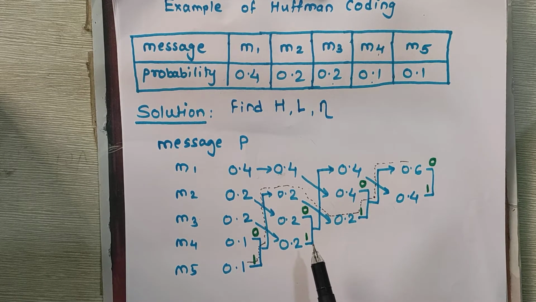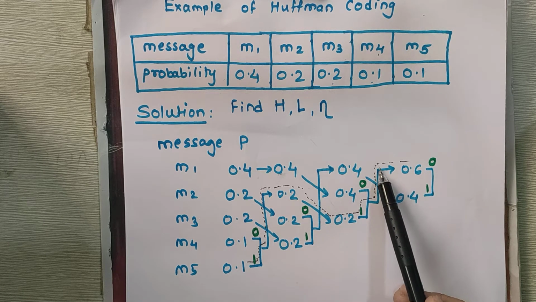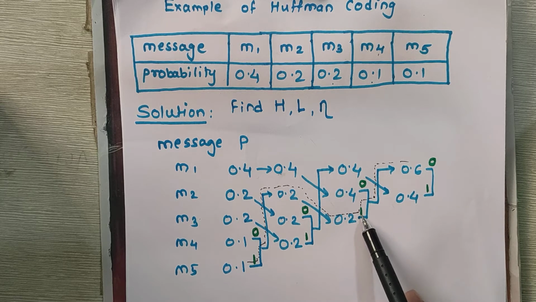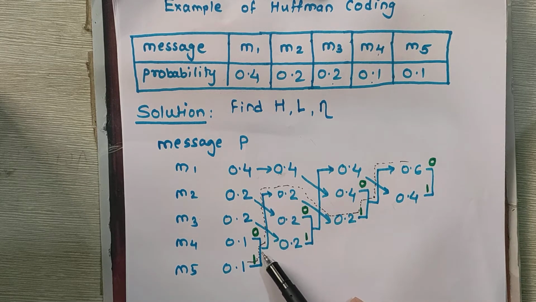So for the code word for message M5, you have to track the path from top to bottom. The code word for M5 is 0, then 1, then again 1.